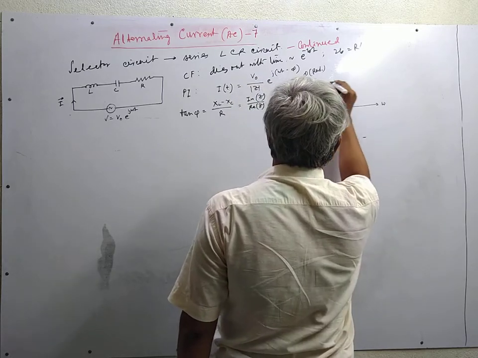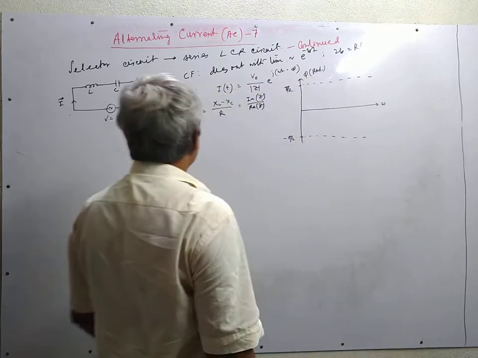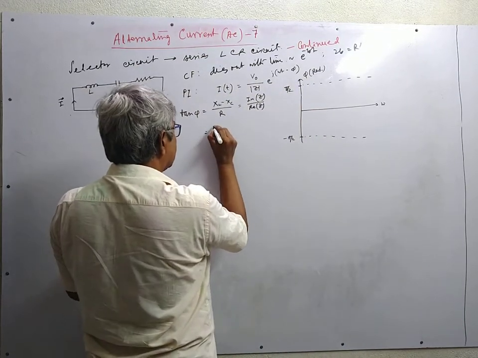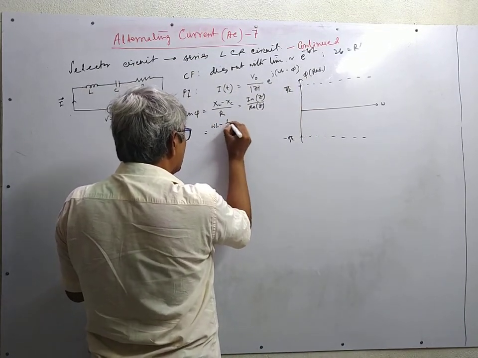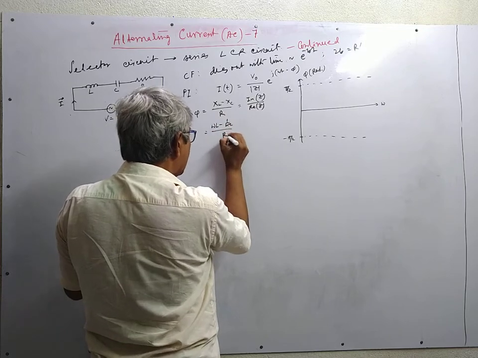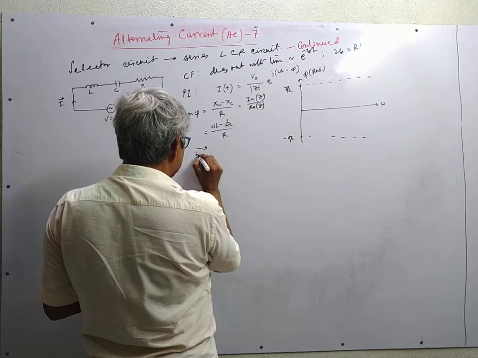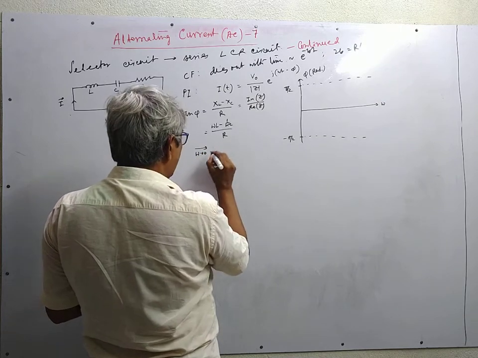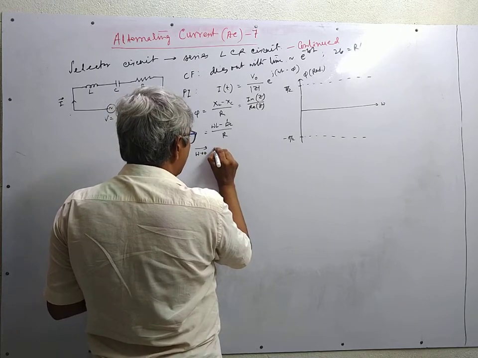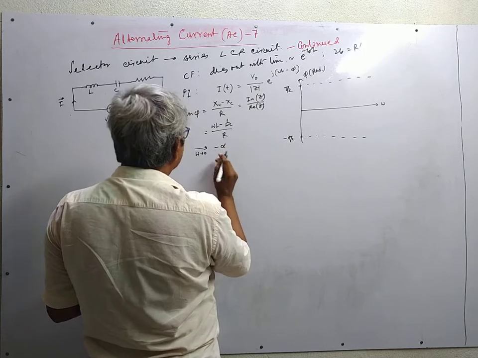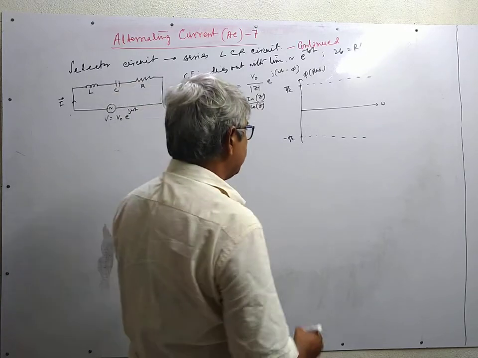As omega tends to 0, this part, omega L minus 1 by omega C by R, tends to minus infinity, that is phi tends to minus pi by 2.